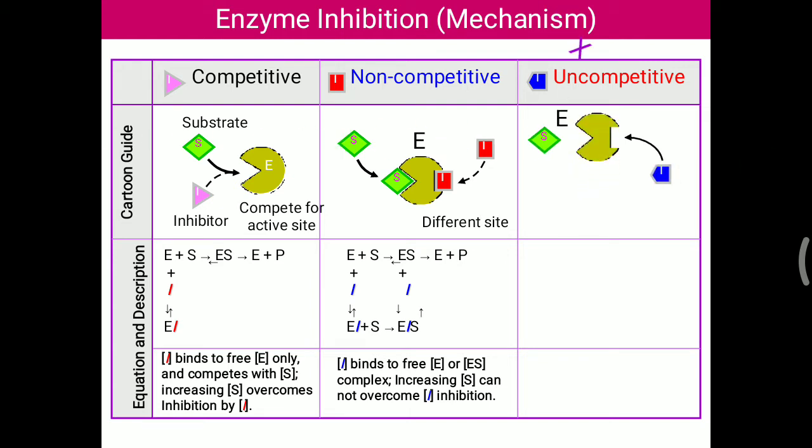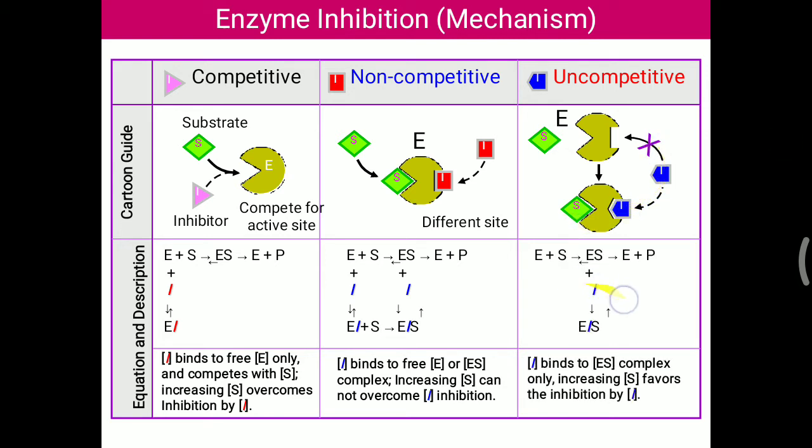Now next, uncompetitive. The interesting thing is that the inhibitor is not able to attach to the enzyme alone, but is able to attach to the ES complex only. That is the difference between uncompetitive and non-competitive. The uncompetitive inhibitor does not attach to the enzyme molecule alone, it attaches to the ES complex, making an enzyme-inhibitor-substrate complex.